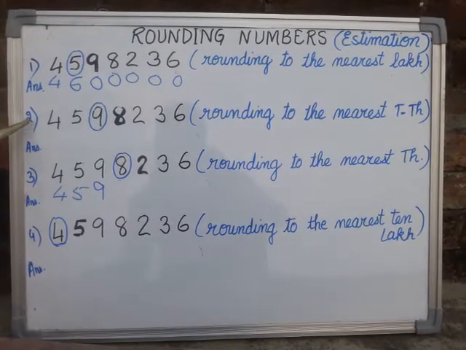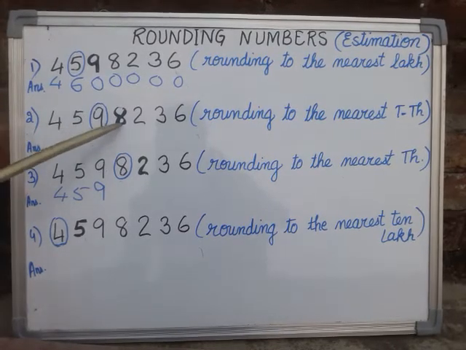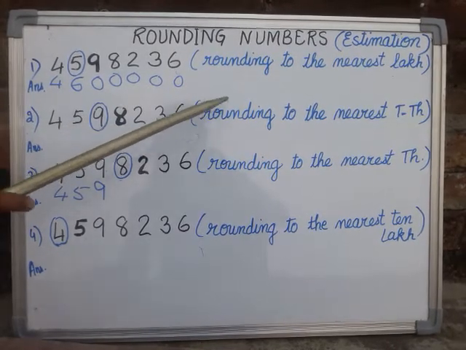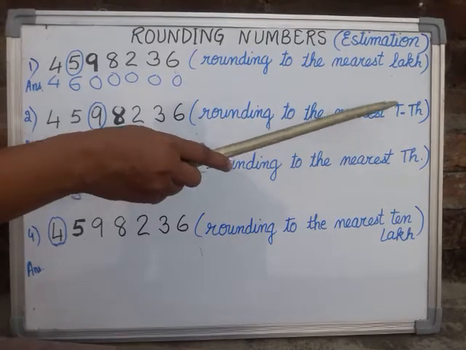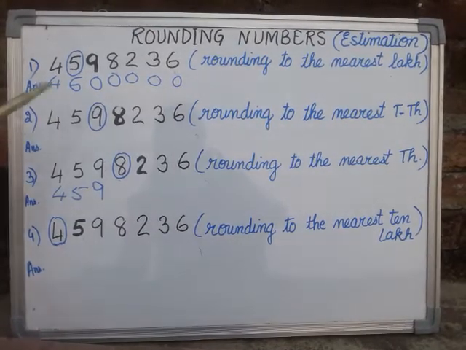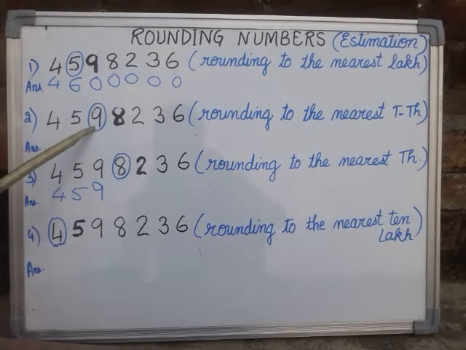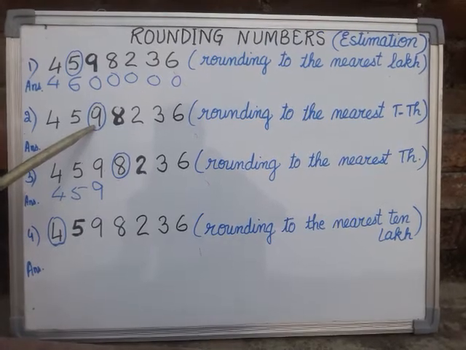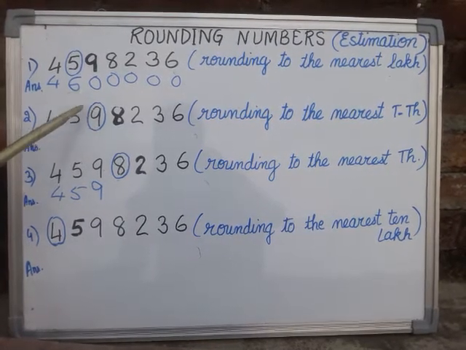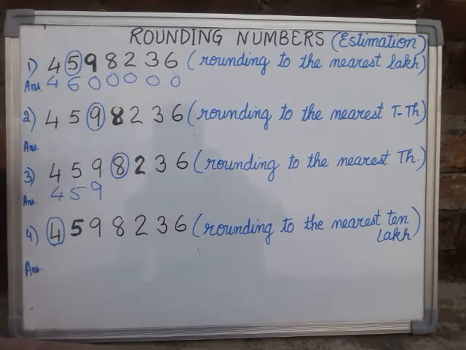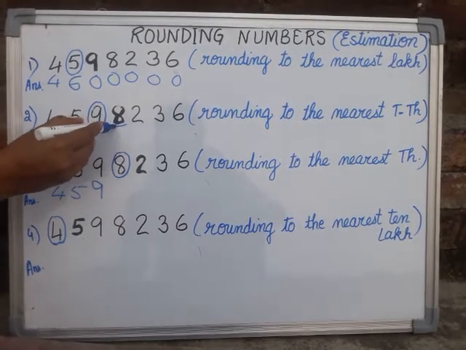Second example, children. Here 45,98,236 is to be rounded to the nearest 10,000. So the required place is, children, 10,000. And we have to consider the right side number.